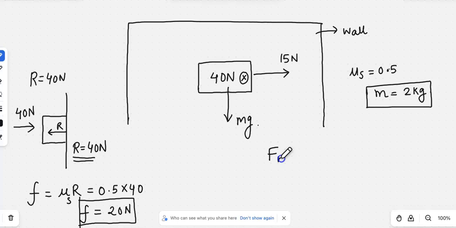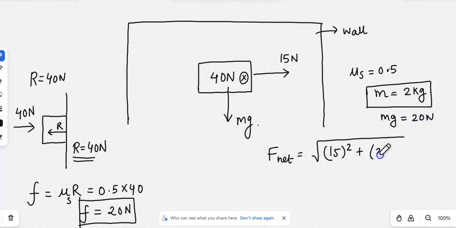So resultant net force because of these two forces will be square root of 15 square plus mg square. So what will be the mg force? Mg will be 2 into 10, that is 20 Newton. So this will be 20 square. So here I can write it as 5 square into 3 square plus 5 square into 4 square.